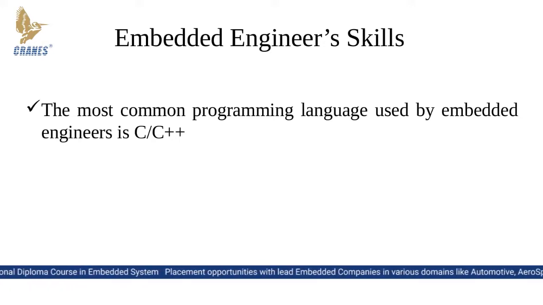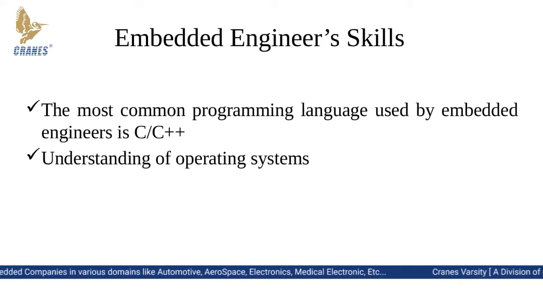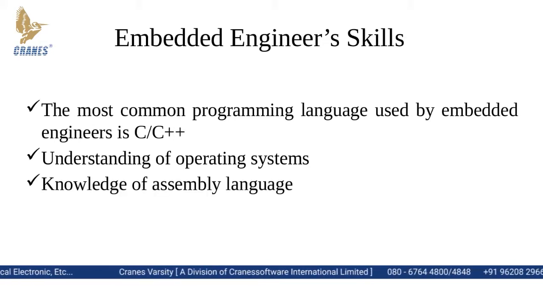This includes knowledge of the processor and what the compiler does behind the scenes. Understanding of operating systems: embedded developers usually need experience in programming in embedded Linux or similar embedded operating systems. Knowledge of assembly language: competency in at least one assembly language such as ARM or x86.